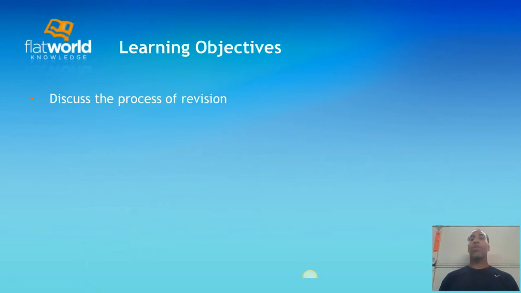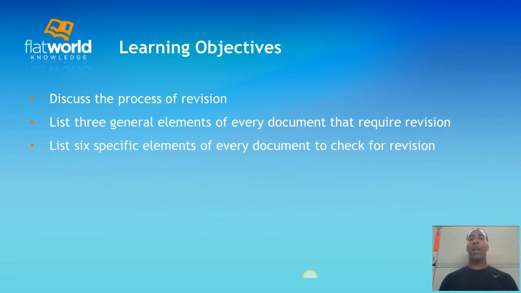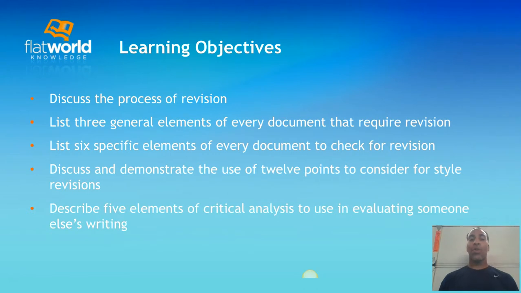So our learning objectives for Chapter 7 are: discuss the process of revision; list 3 general elements of every document that require revision; list 6 specific elements of every document to check for revision; discuss and demonstrate the use of 12 points to consider for style revisions; describe 5 elements of critical analysis to use in evaluating someone else's writing.